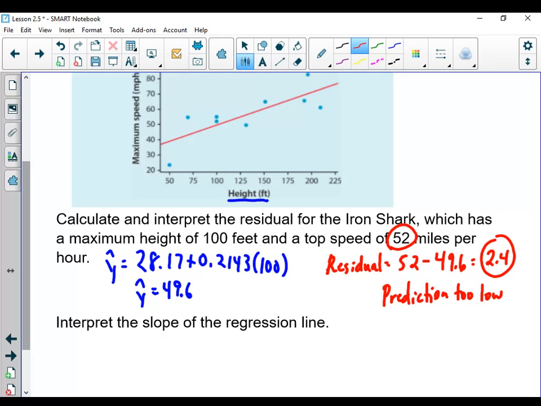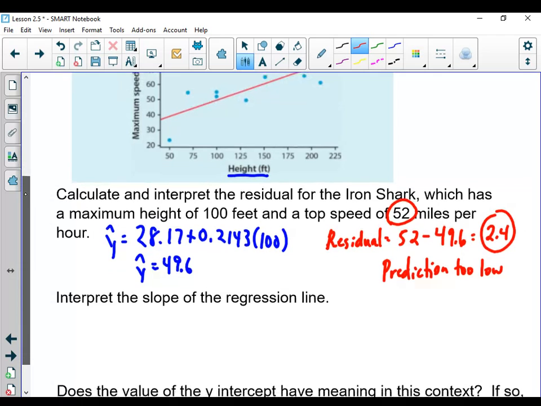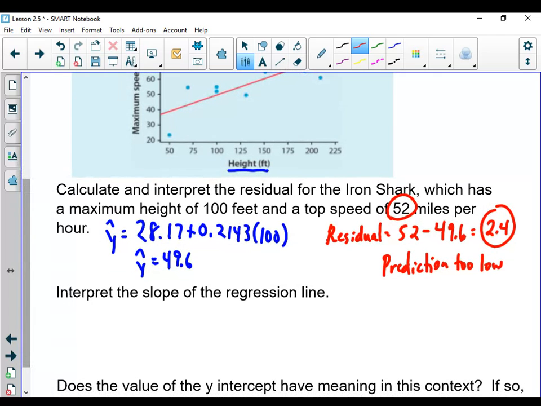All right, interpretation. Let's see if we can interpret the slope for this one. When we interpret the slope, remember we think about, okay, for every time x goes up by 1, well, what did x represent again? The height.